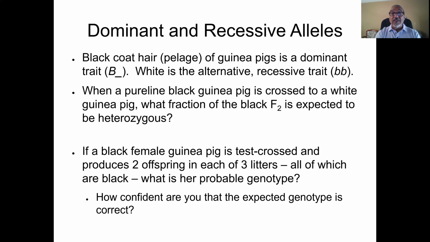The question is, what is the probability that the expected genotype is true? So I want you to think about this a little bit, and how are you going to answer that question? So this is the crux of the entire course, to be able to answer these 2 questions of really a very, very simple genetics problem.